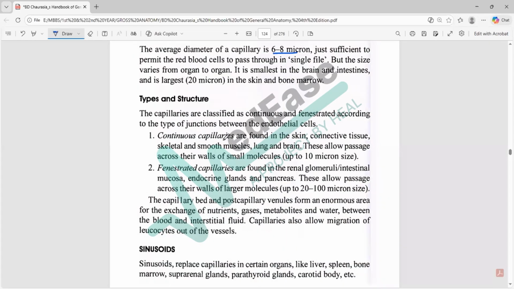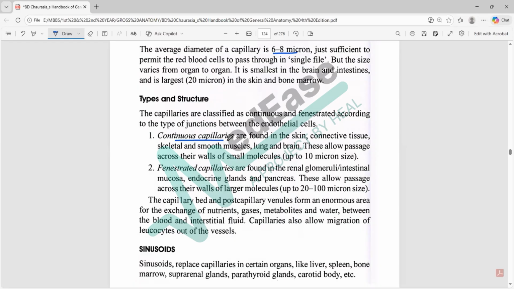The continuous capillary has no gaps in its wall, so it is continuous like a tube, and it is mainly present in the skin, connective tissue, skeletal muscles, smooth muscles, lungs, and brain. Remember, it is present in those specific locations where the lymph flow is not that much.